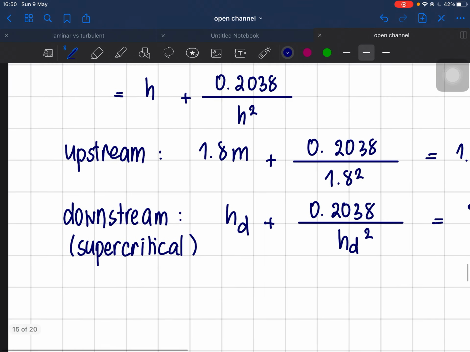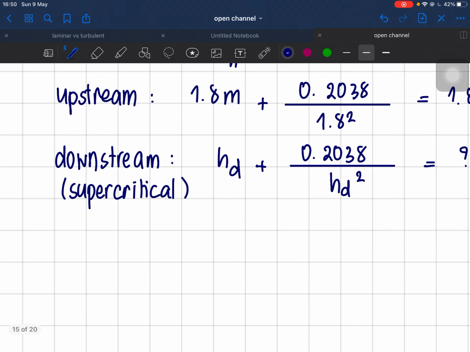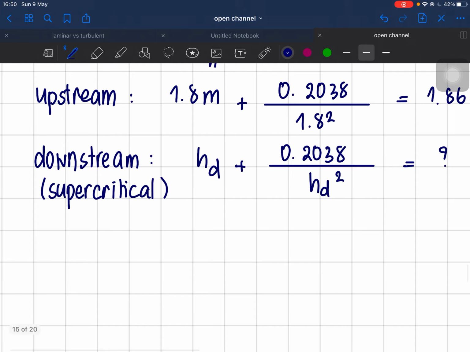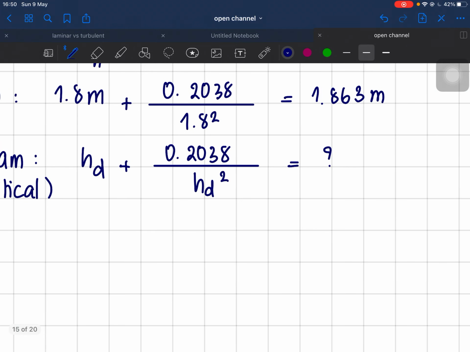Okay, so now we need to find the solution of it, which we need to find E, right? So of course this is equal to E2.